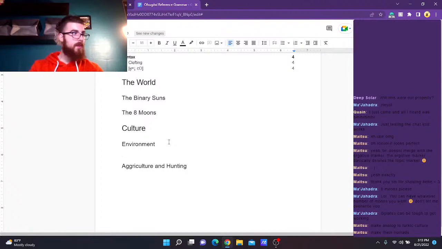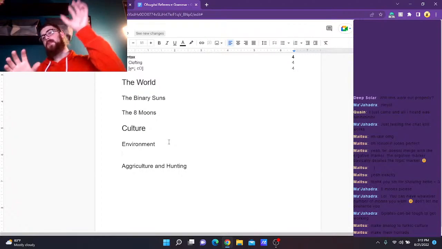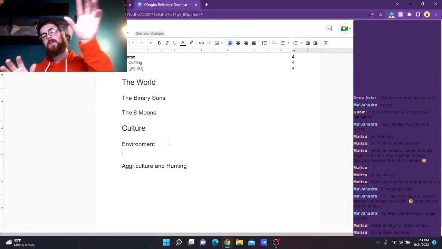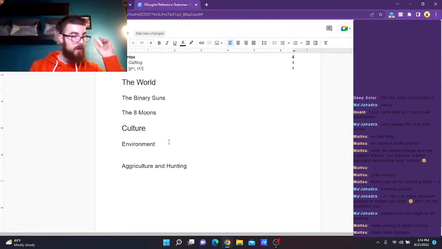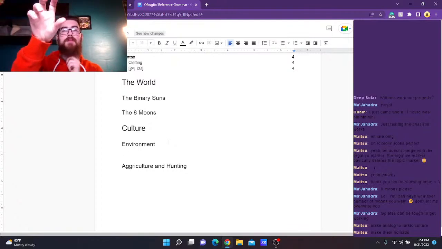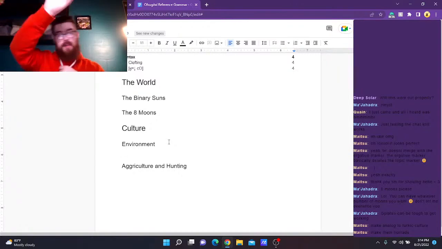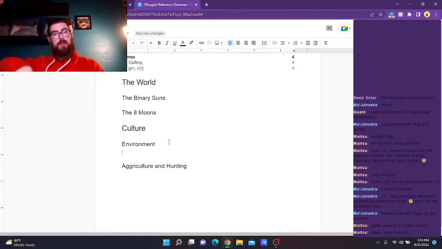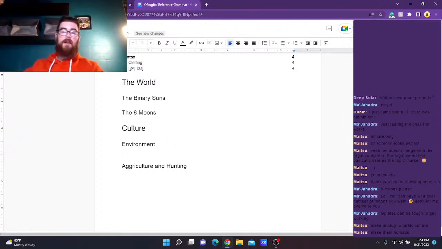Or like, I don't know, for one growing season they would live in one place while this crop grew, and then they would plant here, go here while this crop grew, and then go back here. Now they have crops here, and then once those run out, they can move to the other place. Well, once those run out, they can plant more, move to another area.